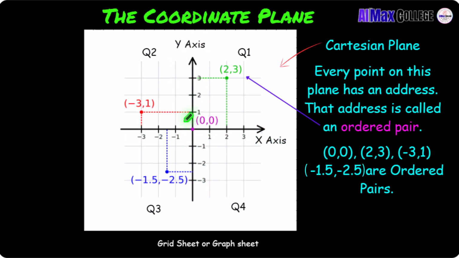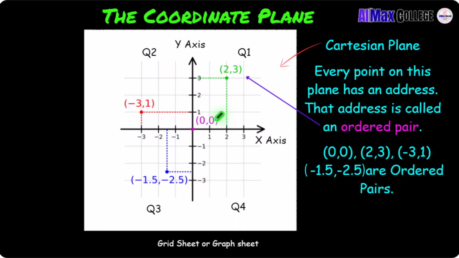And here is the y-axis, the vertical axis. And here is 0, 0, the origin. And those are the quadrants. Q1 is here. Q2 is here. Q3 is here. Q4 is here.